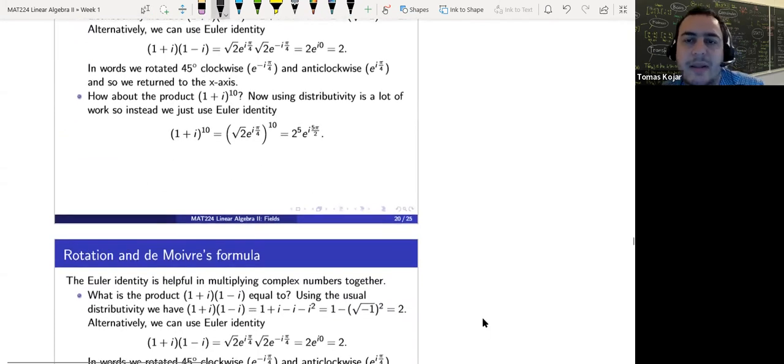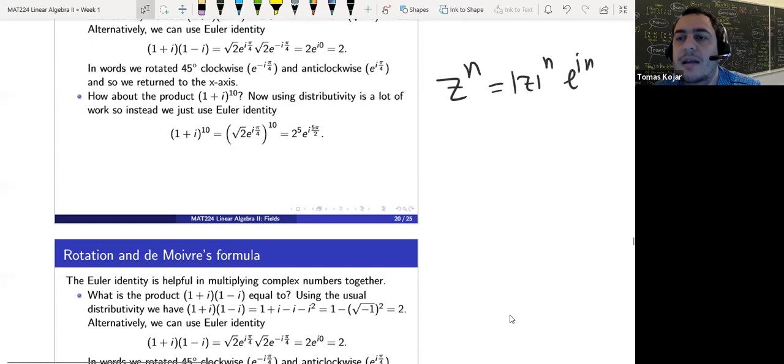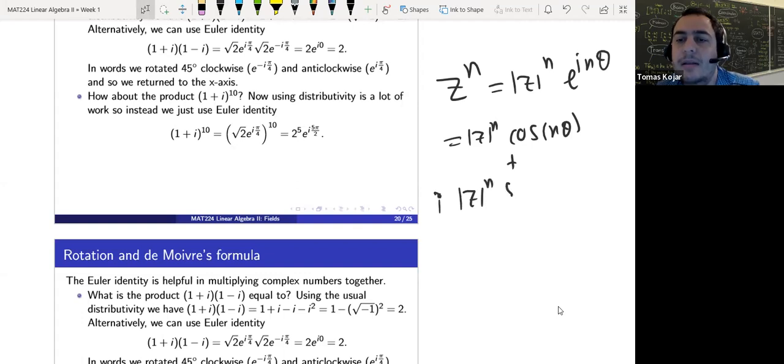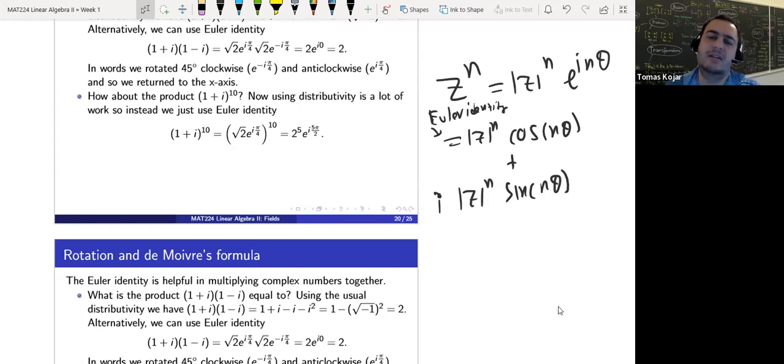If you have a complex number to some huge power, like n, then if you know its polar form, you can easily compute this as e^{iθ}, and so you get z^n, and then you have cosine nθ plus i sine nθ. To do this, we used Euler's identity. So De Moivre is just Euler's identity. That's all there is to it.